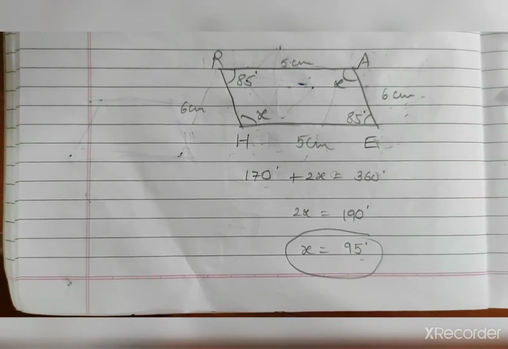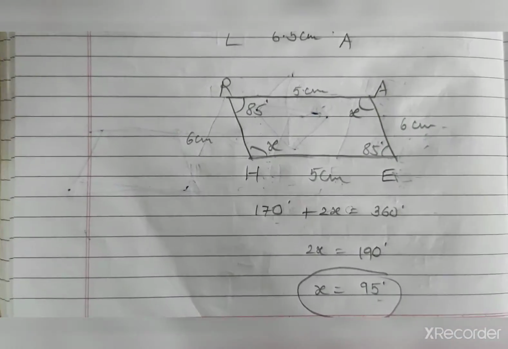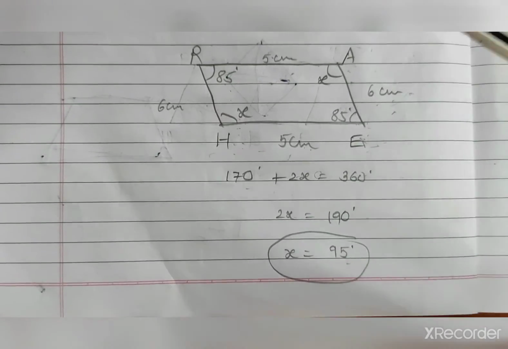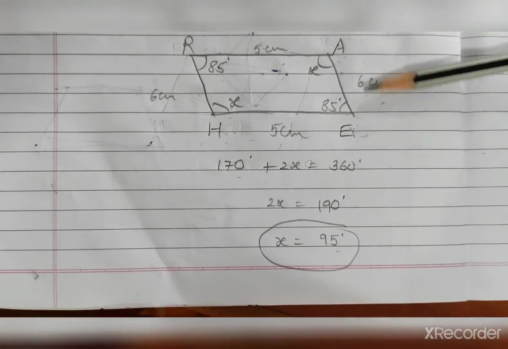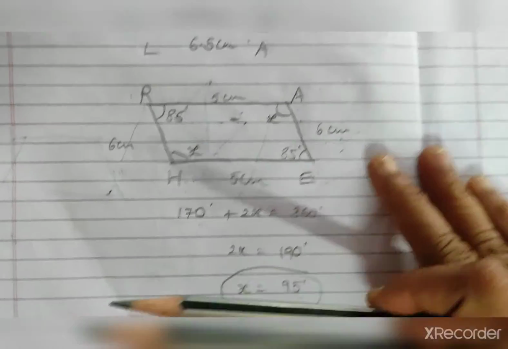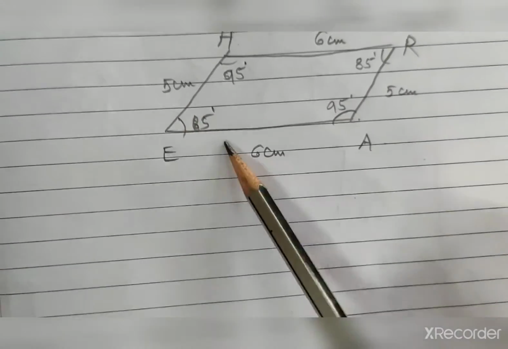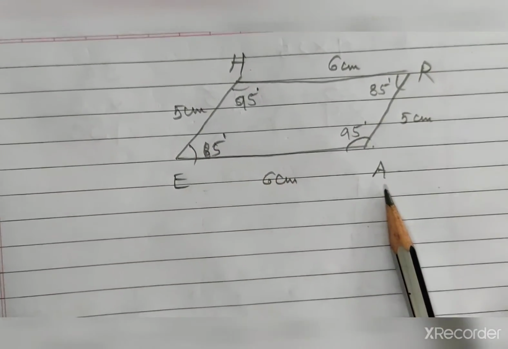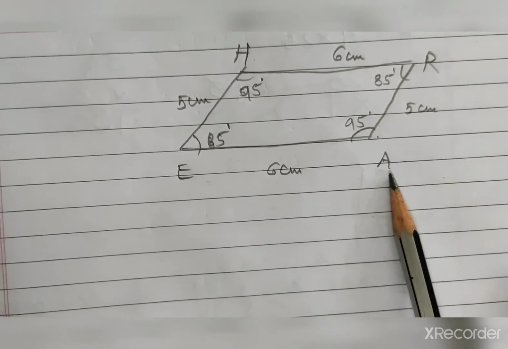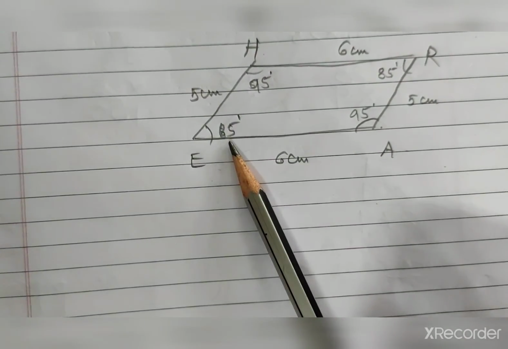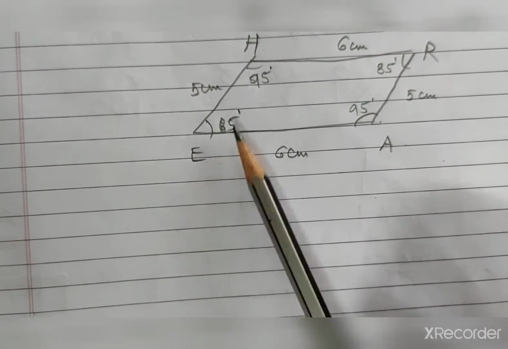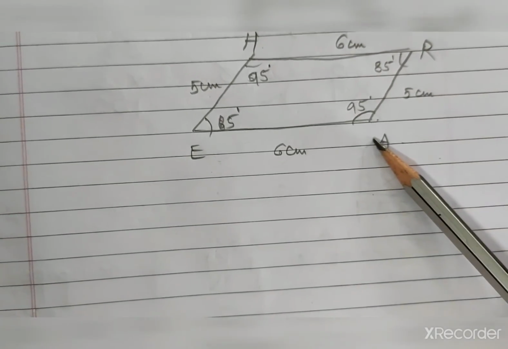Now in the diagram, you will take the 6 centimeter line segment as a base. Clear? So first EA, draw a 6 centimeter line segment. With the help of protractor, draw an angle 85 degrees and angle A 95 degrees.